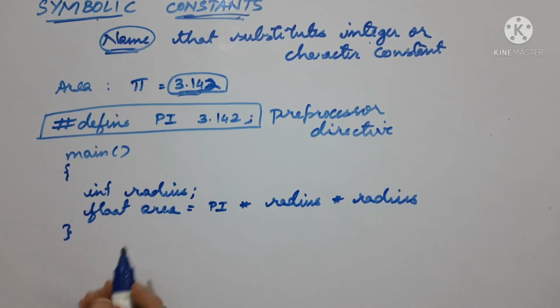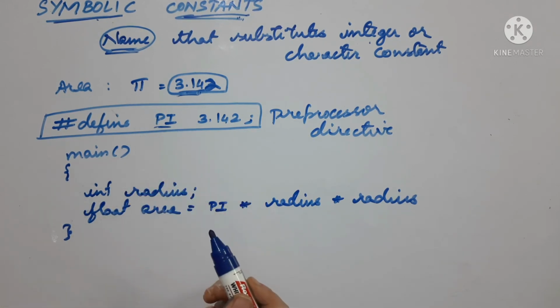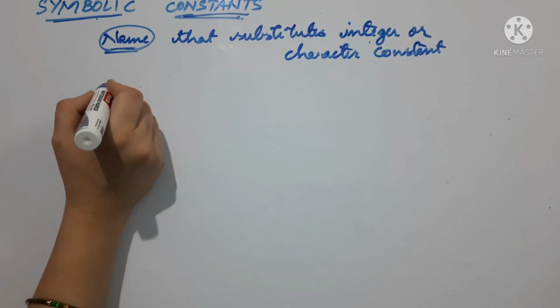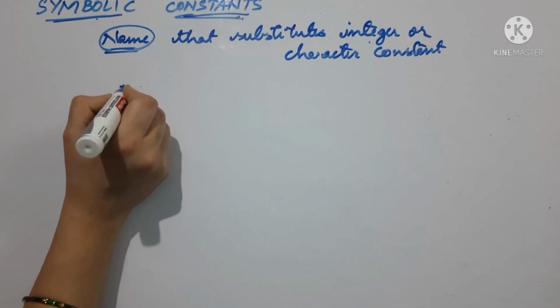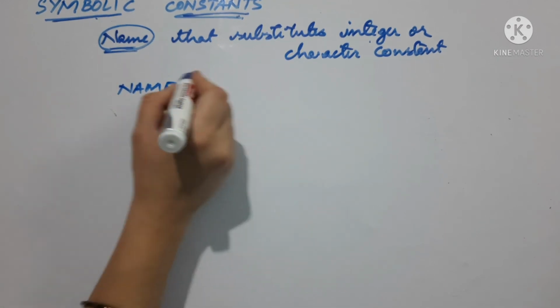So this is how we can make use of a symbolic constant. Not just any integer values. Suppose I am having some character constants as well. For some character constants, suppose I want to write the name of a person. I want to define name.